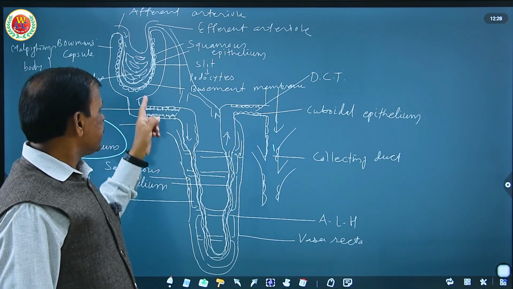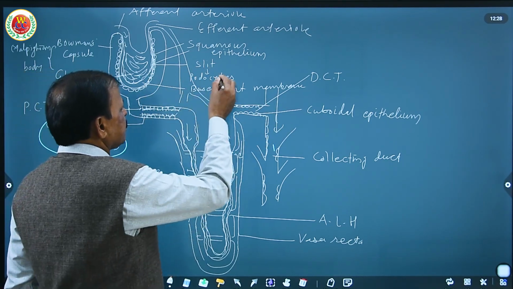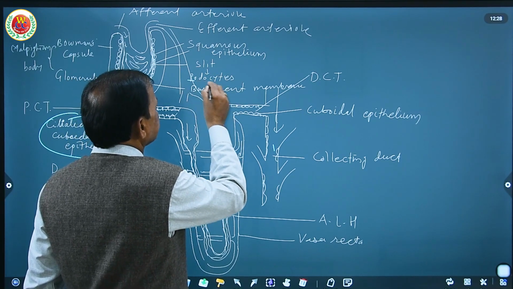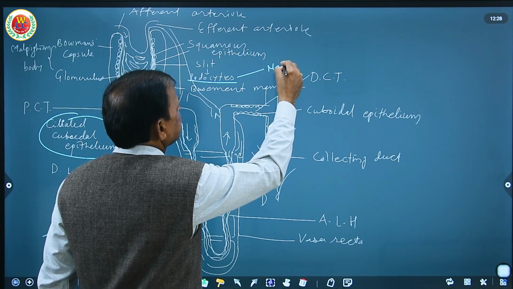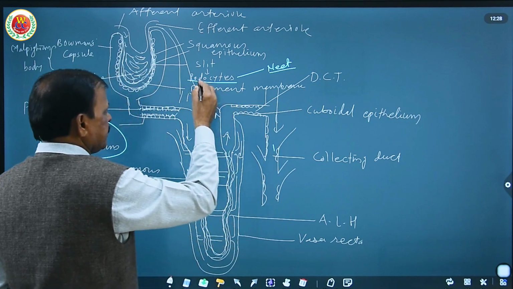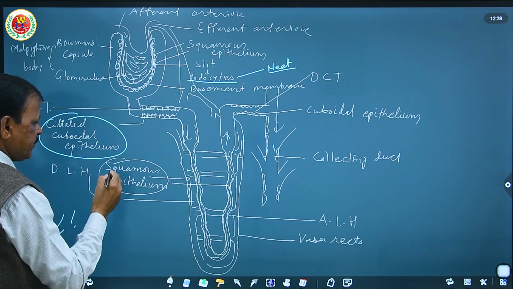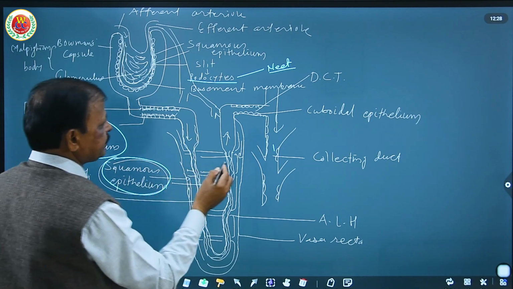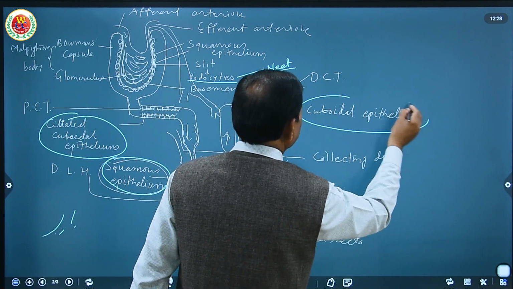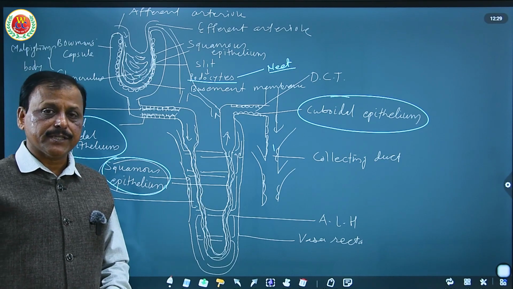So please remember this, as well as where podocytes are located. This is a point for NEET. Questions about the different types of epithelium and podocytes can be asked in NEET.